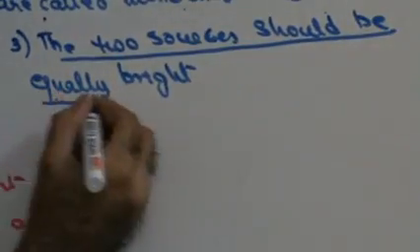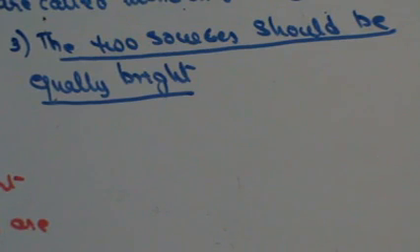If the two sources are not equally bright, let us consider an example of destructive interference. Right? When I am doing destructive interference, in that case, I should have maximum darkness. If the two sources are not equally bright, then instead of getting maximum darkness, I would get a gray point there. Instead of getting a black, I would get a gray shade, and that would not be steady state interference.